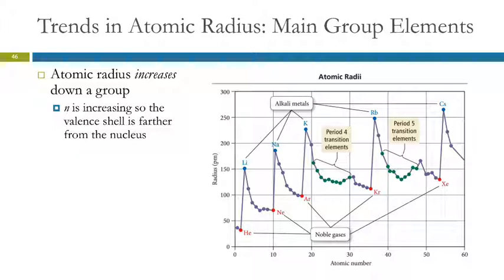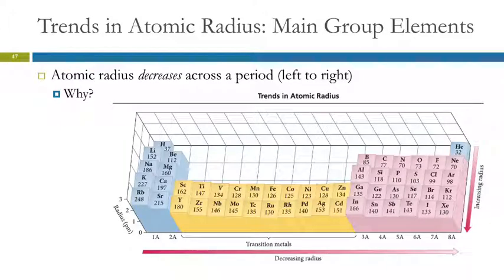Okay, so let's look at scandium. I'm trying to point to scandium. Right there. In its electron configuration, it's got 4s2, 3d1, right? What are the valence electrons? 4s. It's got 2 valence electrons.